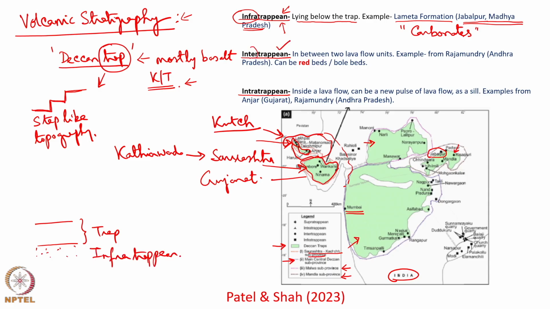Now, let us take the term intertrappean. The word inter means in between two units. So, here in between two lava flows, for example, from Rajamundry in Andhra Pradesh, intertrappean units are found.